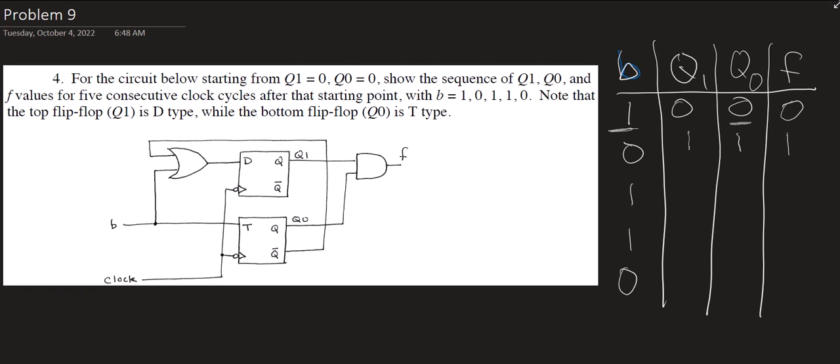So Q1 is not Q0 or B. So looking back at the row before, not Q0 is 0, and B is 0, that's 0, so it's going to be 0.